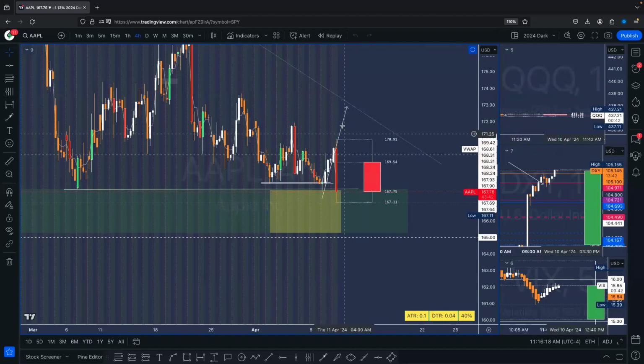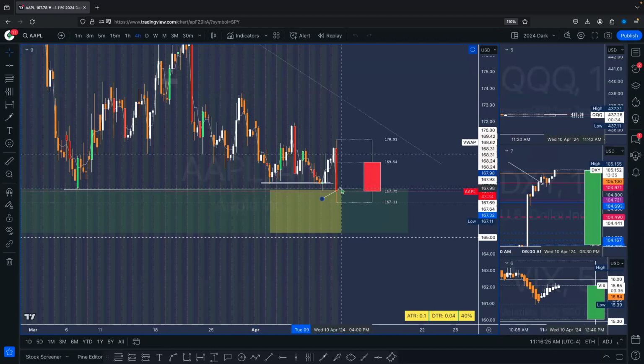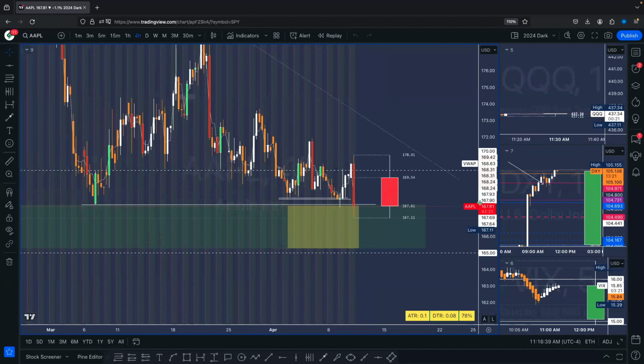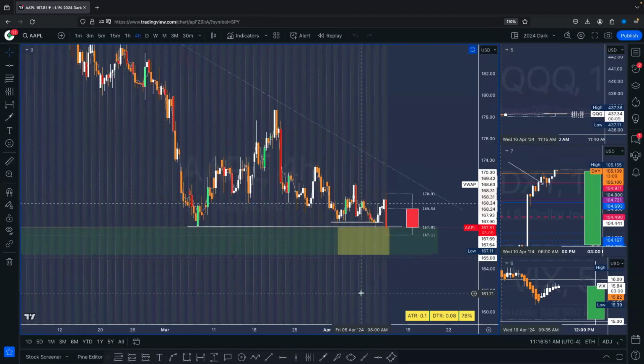If not, I'll just take it if it reclaims these highs, because once that price moves, whether you entered here off of this 167.94 and 167.11, although it does have some impact in the grand scheme of things, in a month and a half later, it's not going to have much of an impact. So I'm going to have Apple on watch and see if we can get back above that 167.95, or if it continues to sell off, some sort of price action combo on the 4 hour. And I'll take Apple for swings.